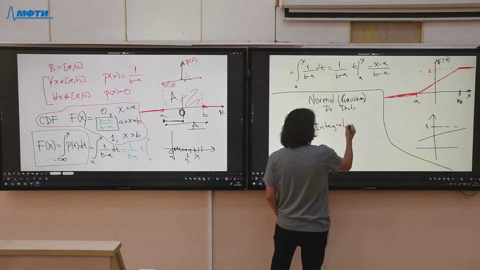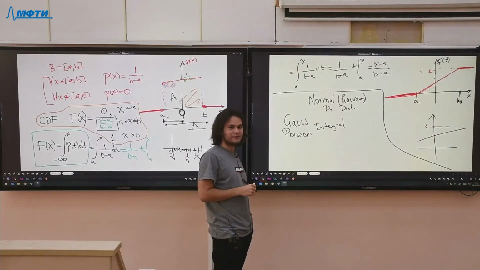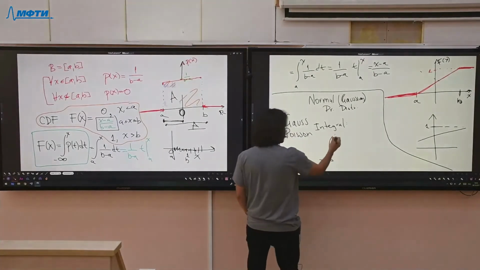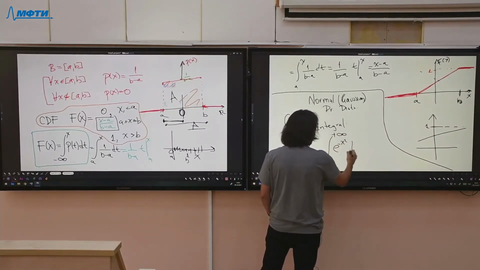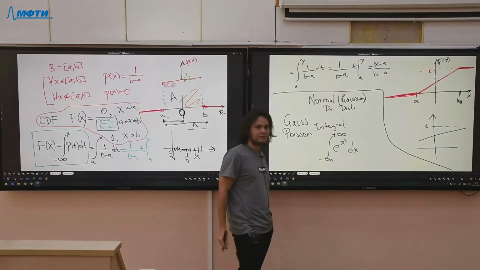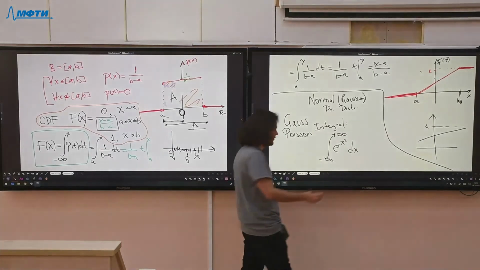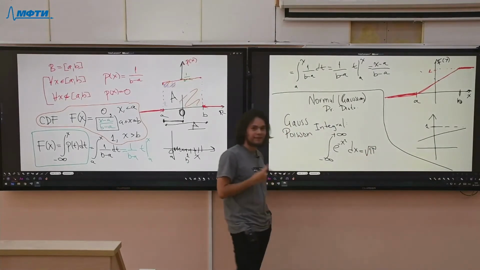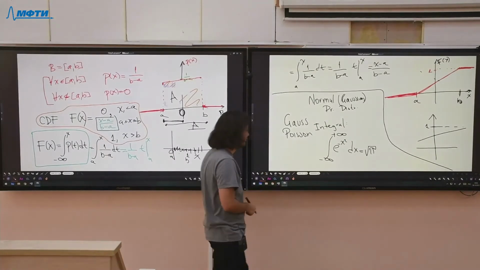So let's say how much you remember from calculus. No? So what is the integral from minus infinity to plus infinity of e to the minus x squared dx? This is 1. Oh, sorry, this is the square root of pi. Okay? So you can prove this from calculus.